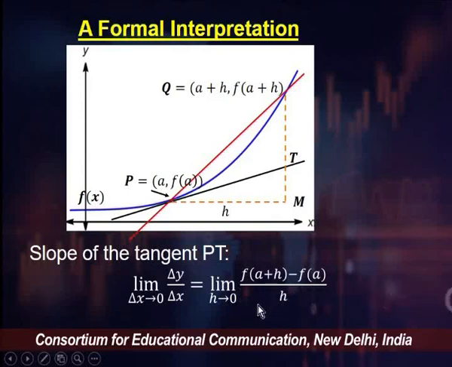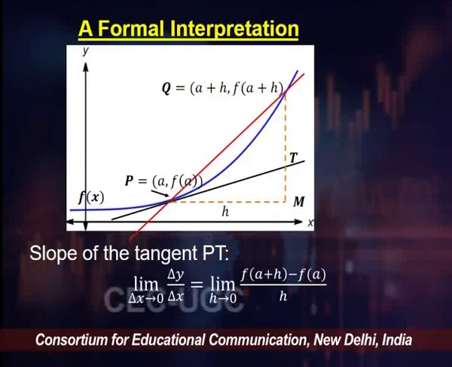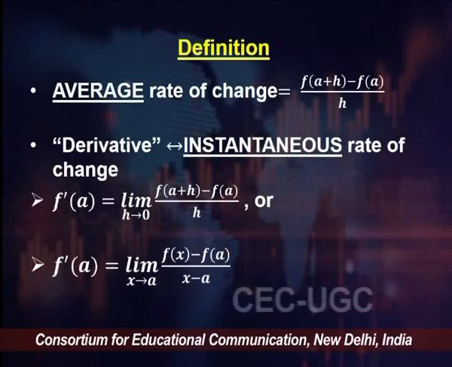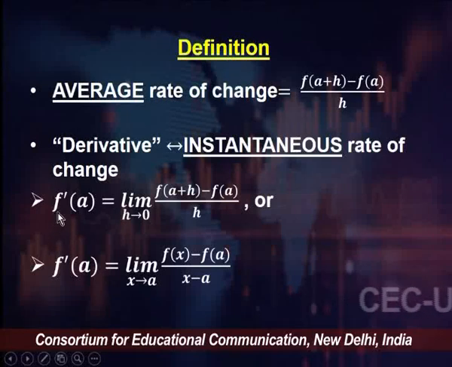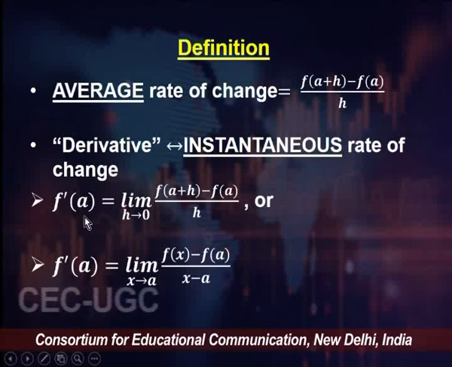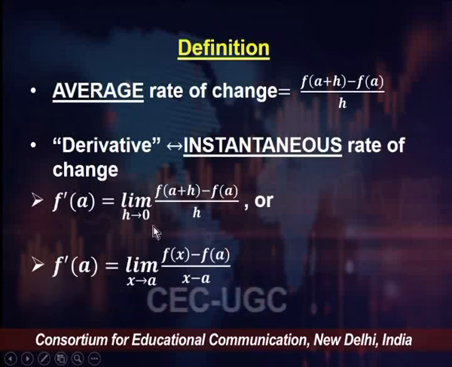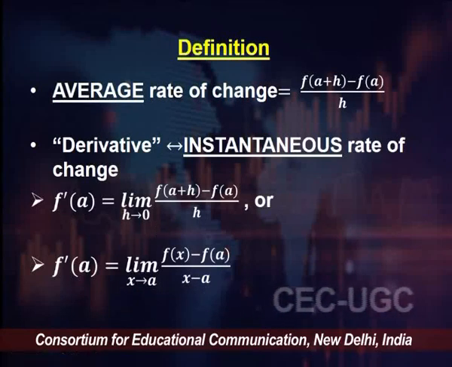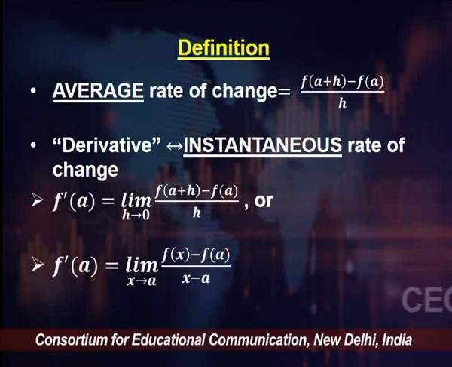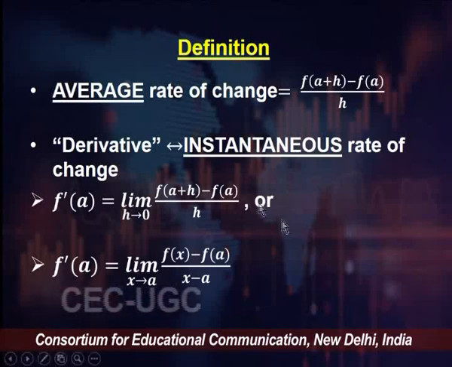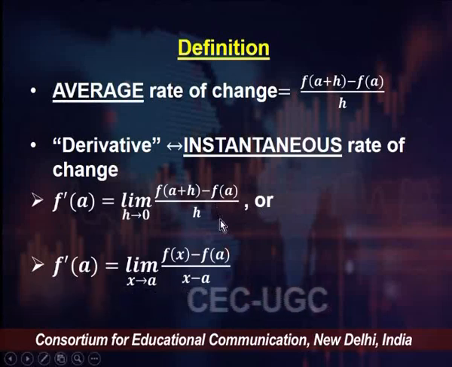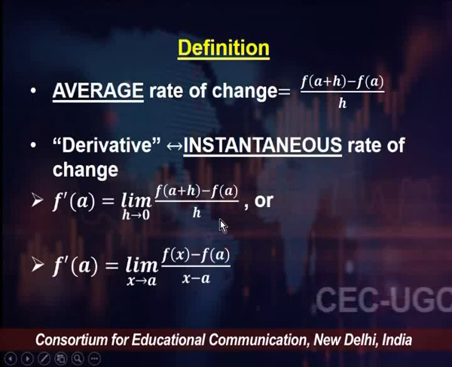And when you take the limit as h tends to 0, that is the slope of the tangent to the curve at P, and that is nothing but our derivative, right? So the derivative, which is represented here by f prime at a, is a limit as h tends to 0, because you're talking of an infinitesimally small change in x. So the limit as h tends to 0 of f of a plus h minus f of a divided by h. So it's a limit of the Newton quotient as h tends to 0.